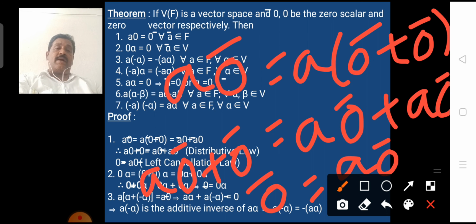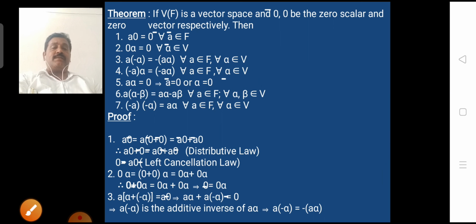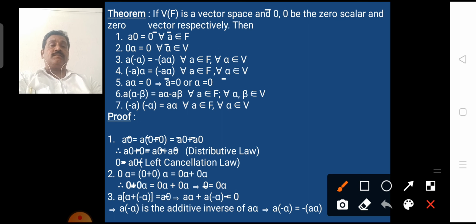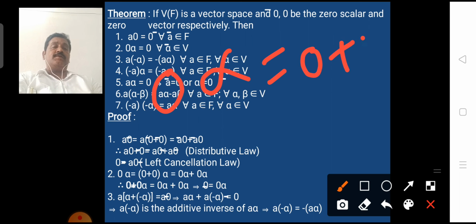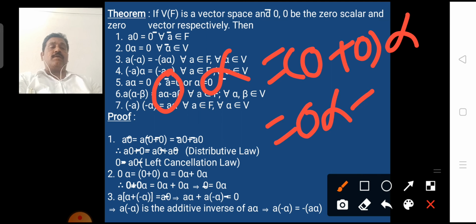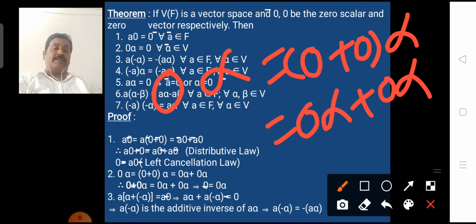And the second one: 0 into alpha equal to 0 plus 0 into alpha, that equals 0 alpha plus 0 alpha by the distributive law. So 0 plus 0 alpha, right?